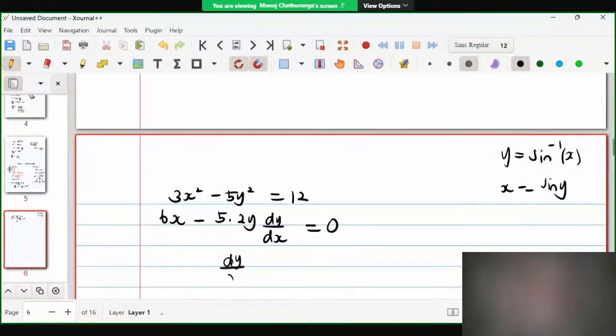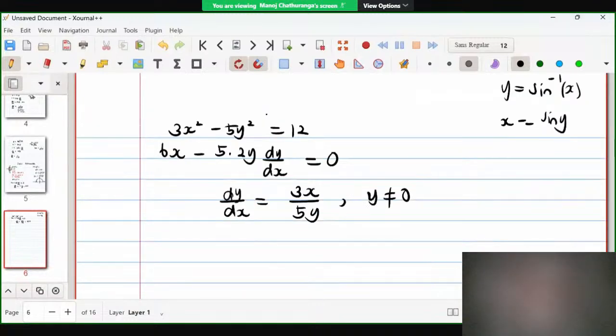So dy over dx equals 3x divided by 5y, with y not equal to 0.